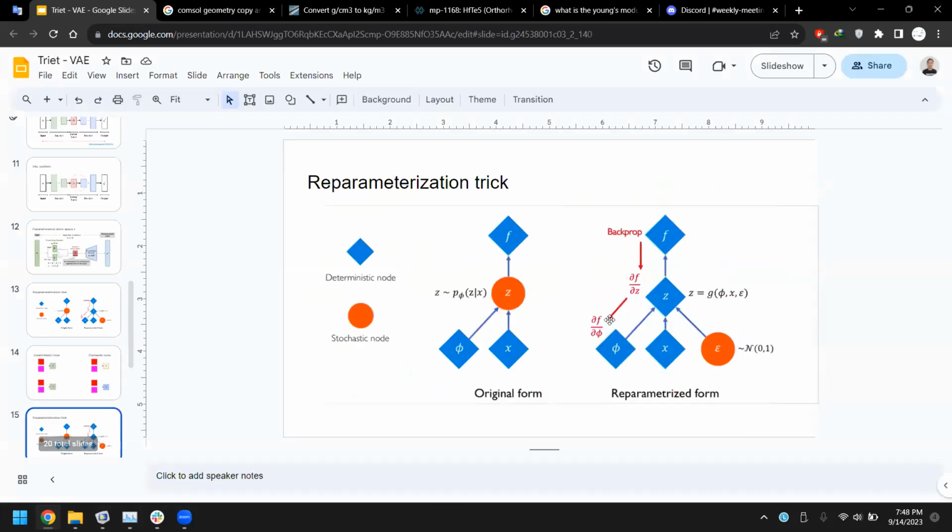Yeah. So if I understand it correctly, if you generate random variables, you can't backpropagate through them because there could have been more than one answer for the same starting point. So instead of having z describe a distribution, or I'm trying to figure out how to word this, you basically have epsilon, which is a standard distribution, and you are transforming that by epsilon and x.